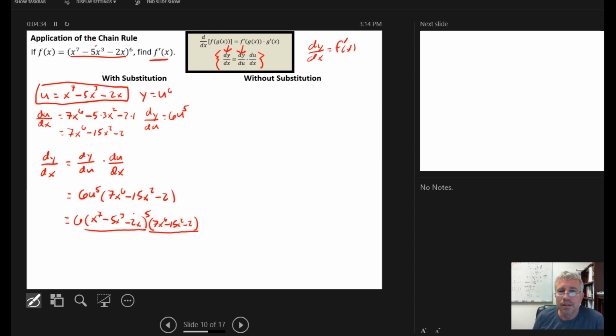So you could multiply everything out and then combine like terms, but raising this to the 5th power would be onerously difficult. There's no reason to do it. So just leave it in a factored form. I'd say this is as simplified as we want it. So that's finding the derivative using the chain rule with a u substitution.